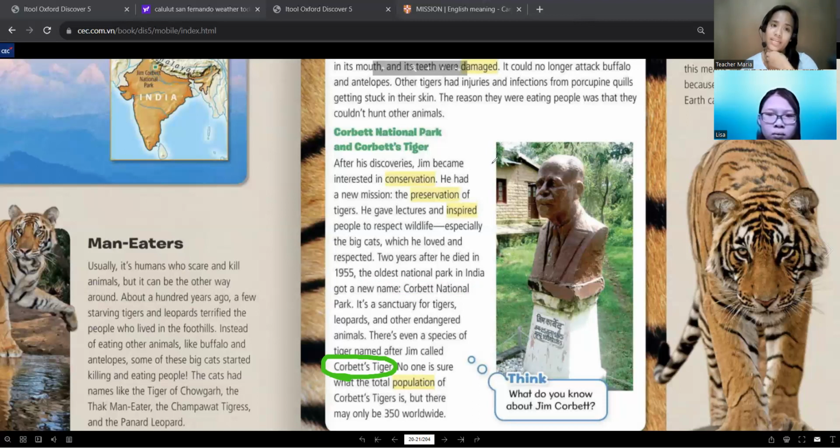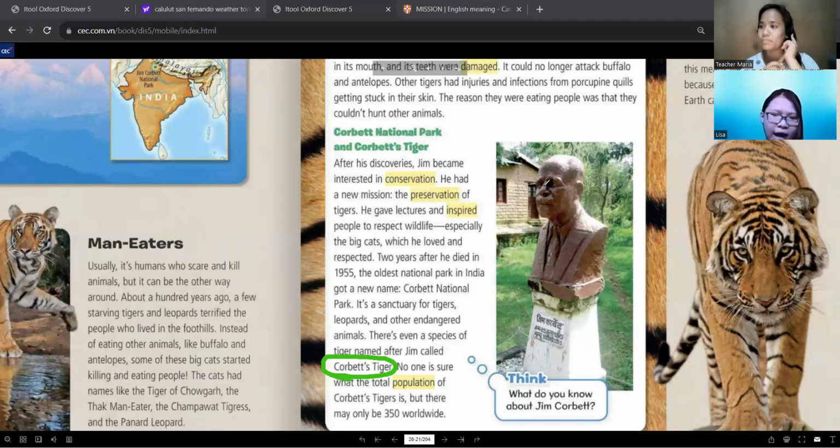Okay, as a summary with this lesson, what do you know about Jim Corbett? Jim Corbett is, I think, a killer of tigers.